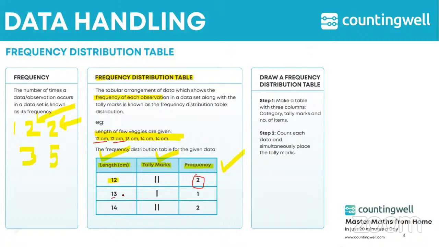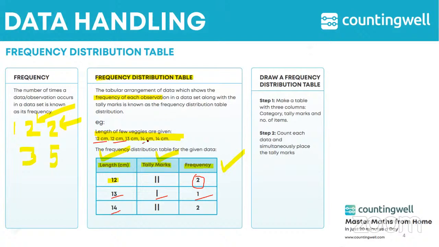Then we have length as 13 centimeter, tally marks is 1, frequency is 1. Next we have length 14 centimeter.